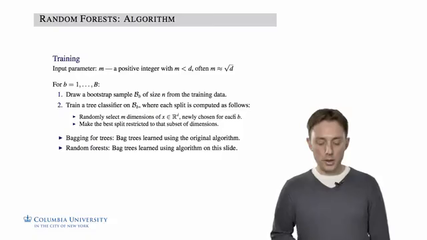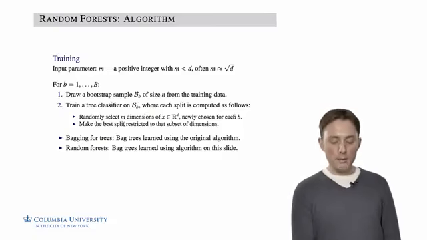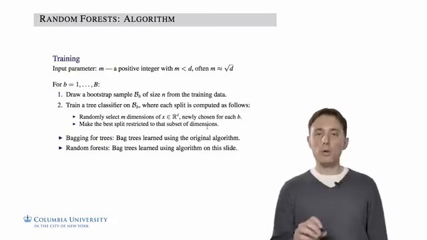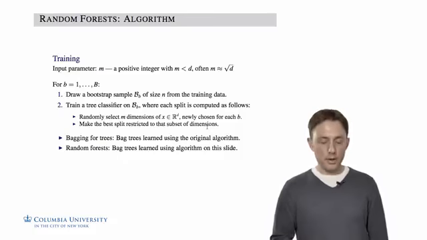And we do this for each b. We then make the best split restricted to only that subset of dimensions. So each tree is only going to consider a small subset of all of the dimensions in our data set. And then that's the final classifier.